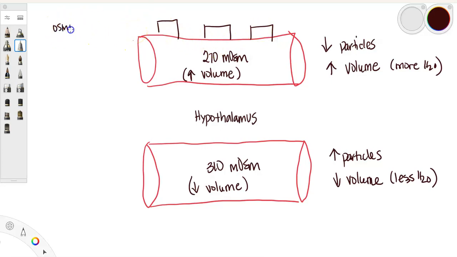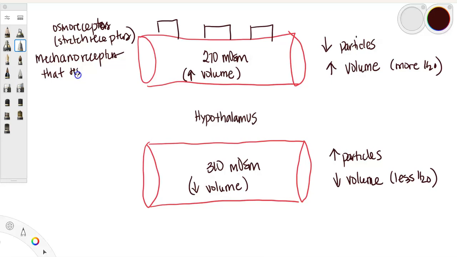They're osmoreceptors, and these are stretch receptors. Okay? So these are mechanoreceptors that respond to stretch. And it's going to be on both, so let's do it on the other side here. Okay, so these are my little stretch receptors.